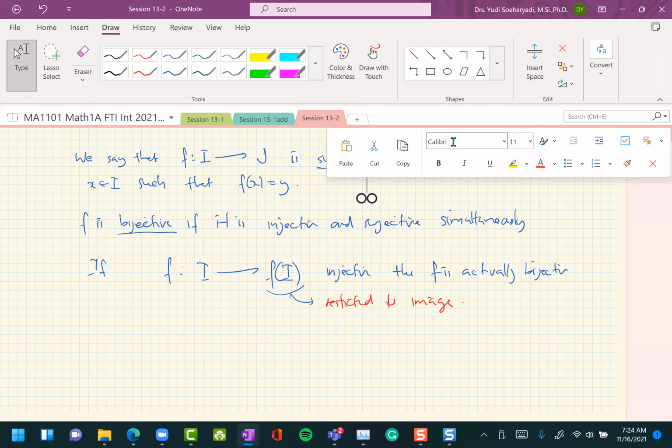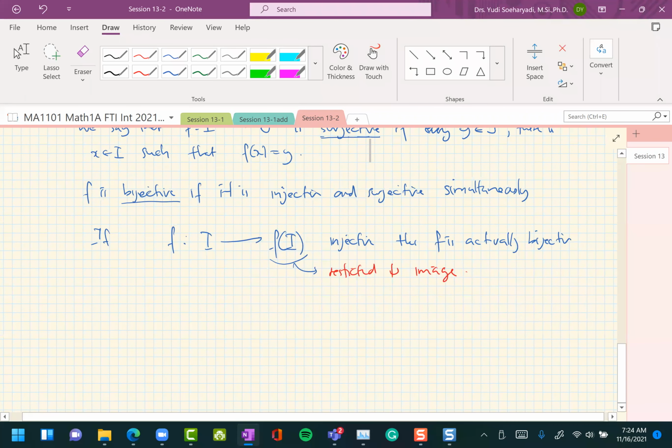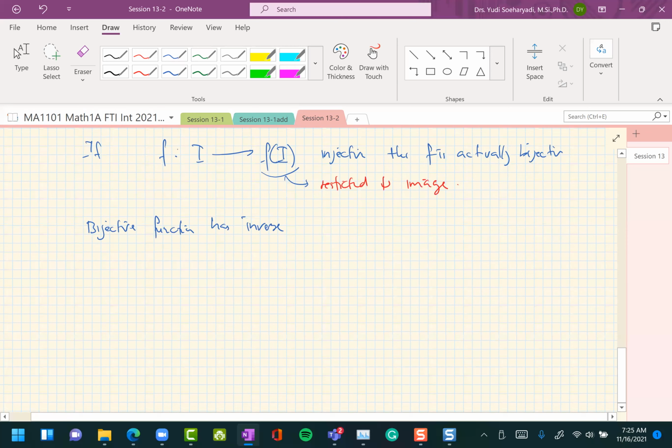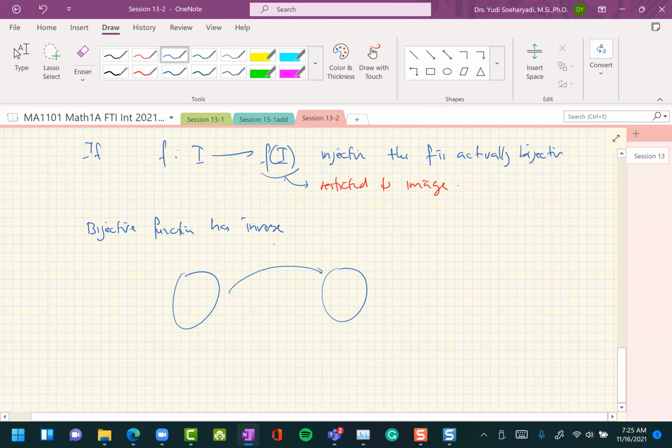The nice thing about bijective is that it has an inverse. So if you start with f, this is bijective, then you are able to define the inverse.